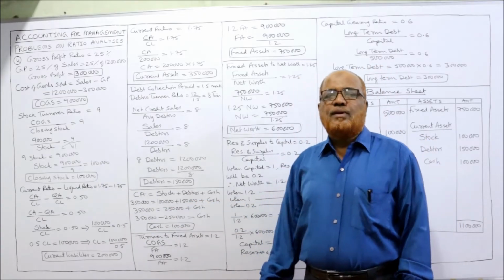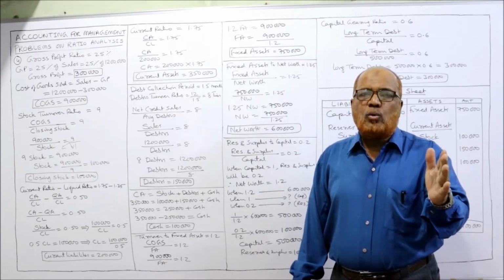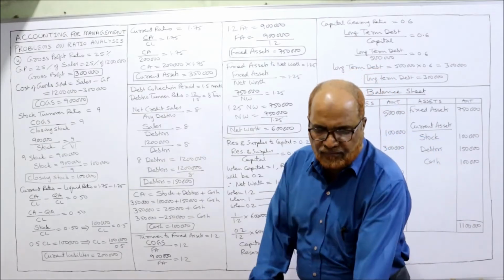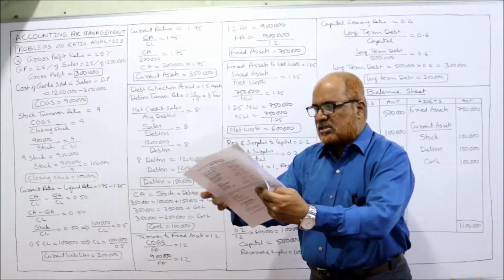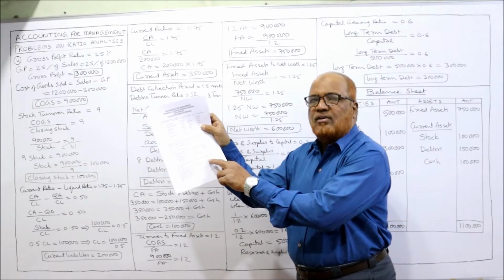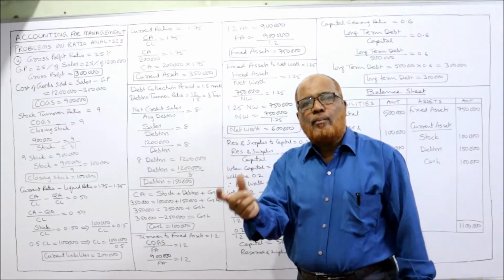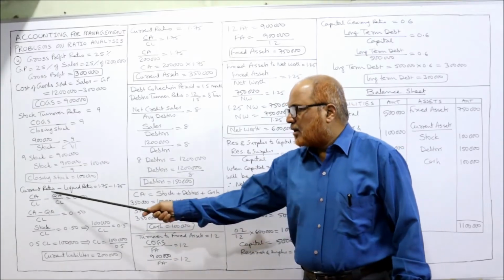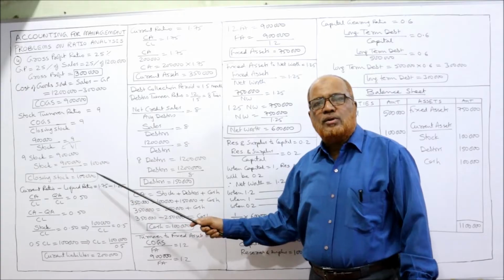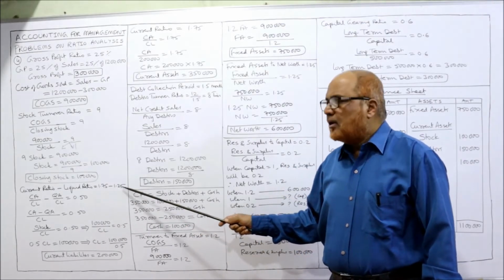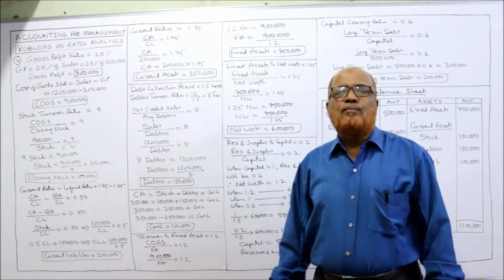Now current ratio. The current ratio and liquid ratio both are given. Current ratio is given 1.75 and liquid ratio is given 1.25. So we subtract current ratio minus liquid ratio, which is 1.75 minus 1.25. What is the formula for current ratio?